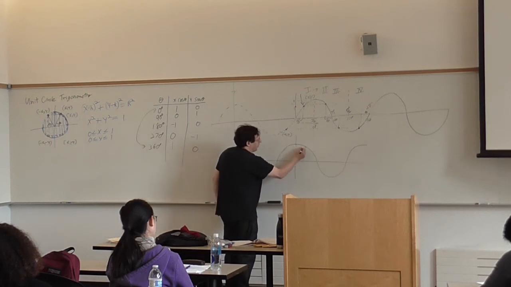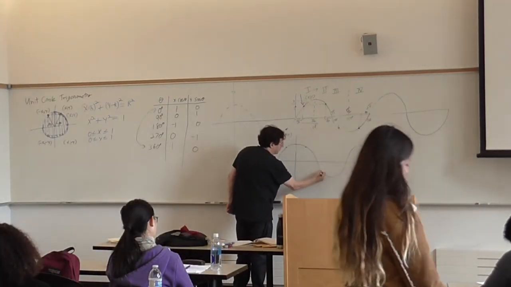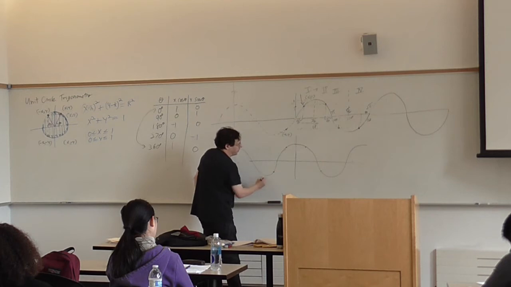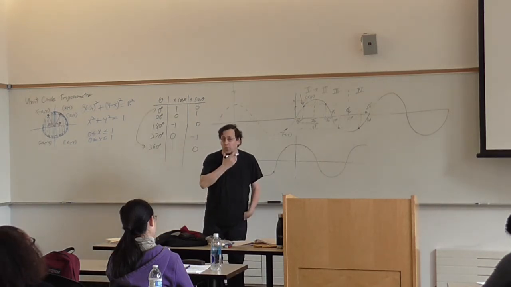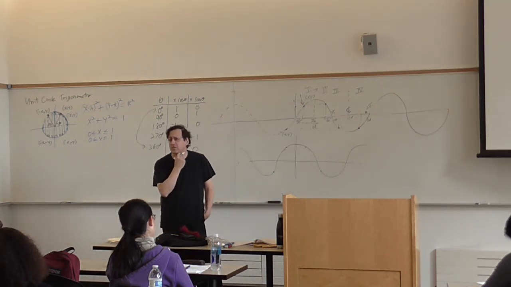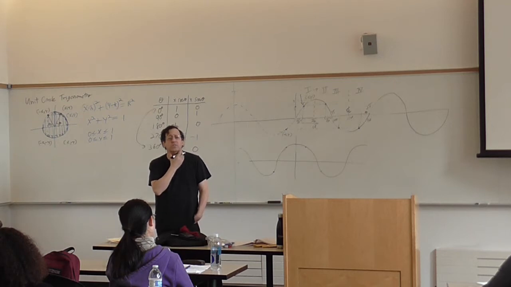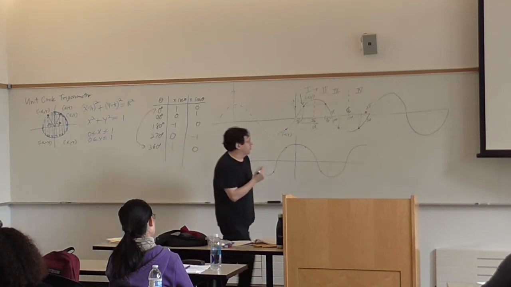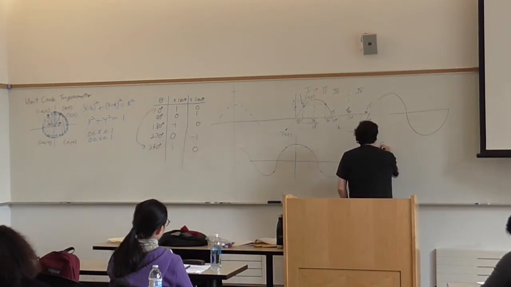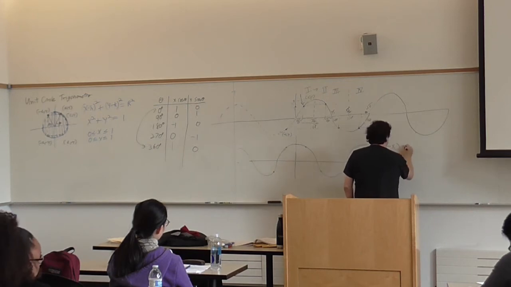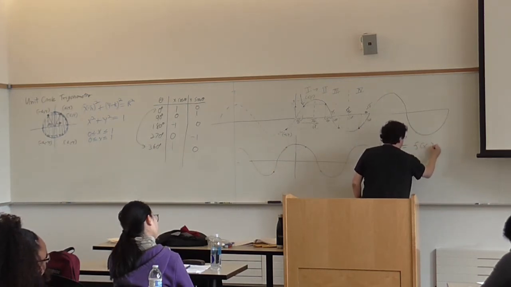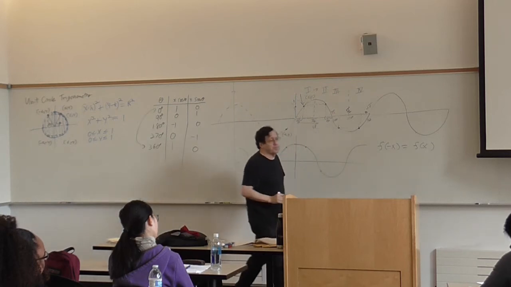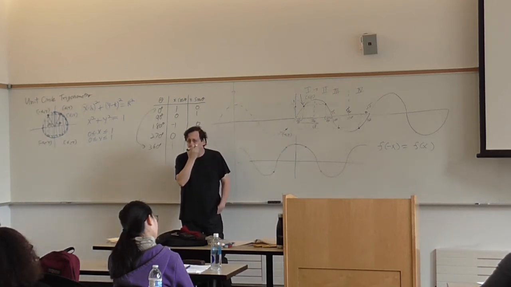For every point over here, there's a point over here. Does anyone remember what we call that kind of function? In other words, a function where f of negative x equals f of x. That's an even function, right?